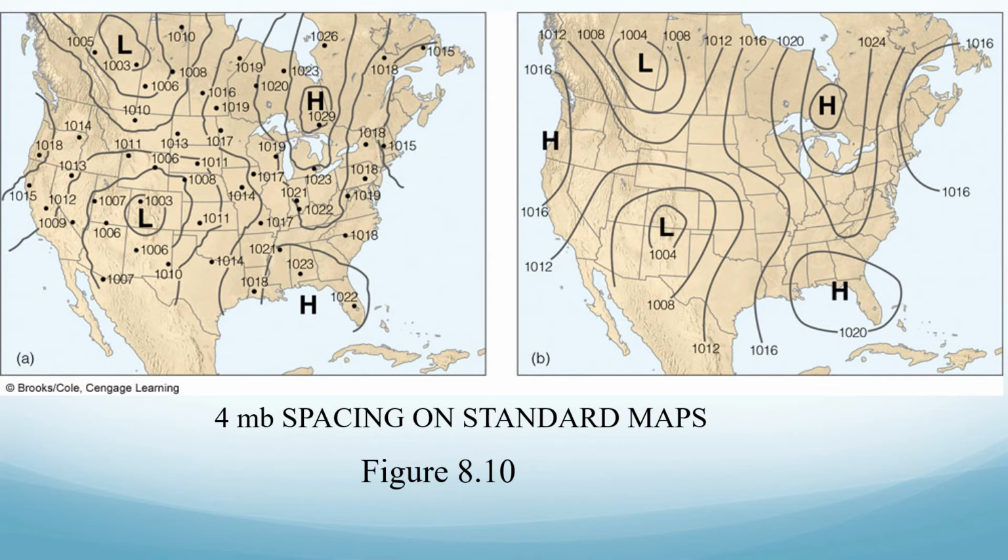In this case it is sea level, but the same type of chart could be drawn to show the horizontal variation in pressure at any level of the atmosphere. In the next slide, we will see a 300-meter chart.